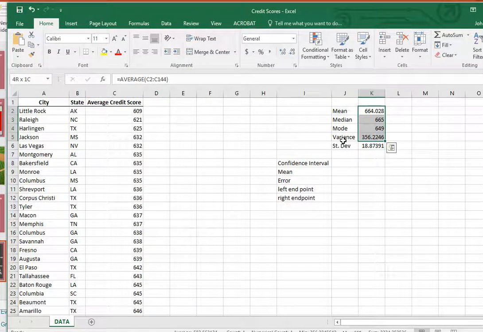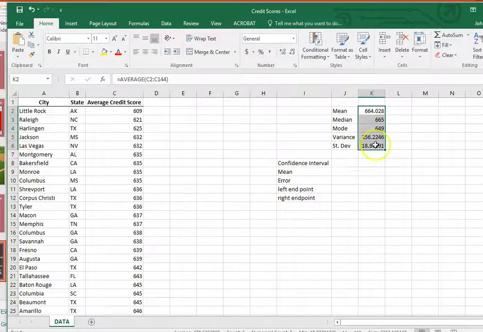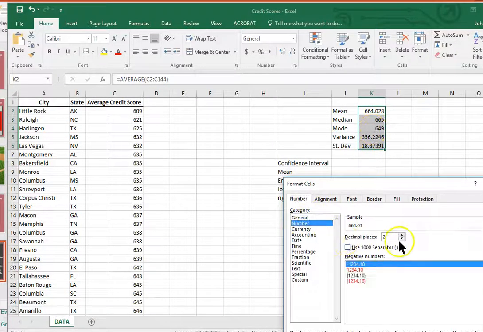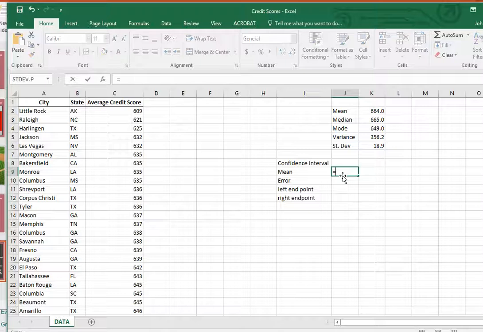Let's round these all to 1 decimal. My mean is going to equal K2.